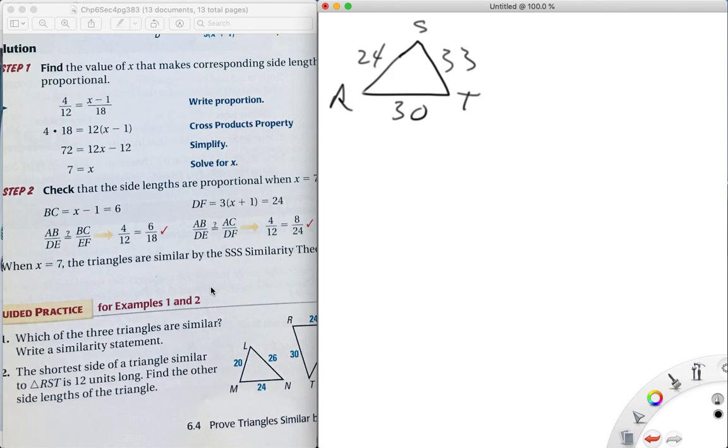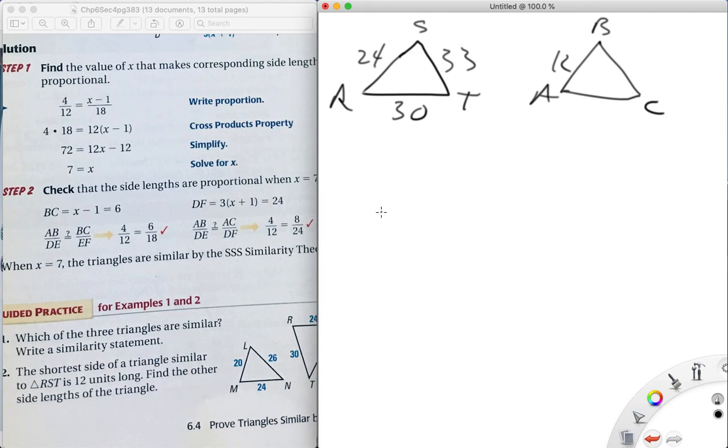Okay. The shortest side of a triangle similar to RST is 12 units long. So we have some other triangle. We don't know what it's called. We can call it ABC. And the shortest side of this triangle is 12.